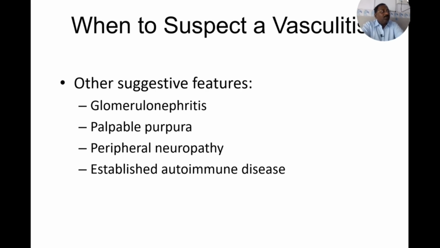And established autoimmune diseases, like ANA positivity, double-stranded DNA positivity, or RA positivity, etc. So where there is an established SLE or an established systemic sclerosis or an established mixed connective tissue disorder, or in rheumatoid arthritis also, you will have a vasculitis picture. So these are the different situations where a physician should suspect vasculitis in that particular individual.